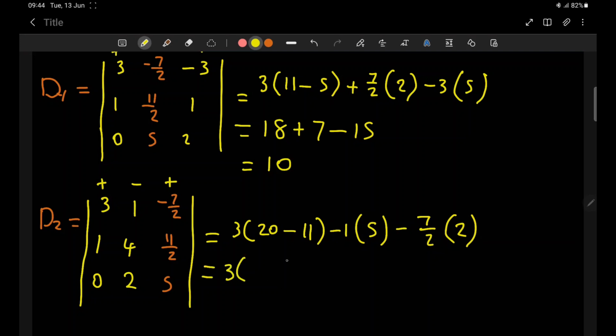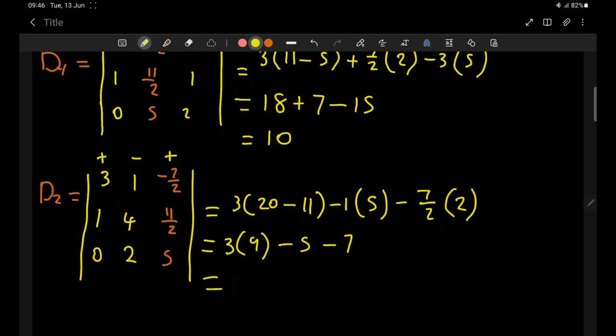So we have 3, 20 minus 11 is 9, and then we have negative 5, and then we have negative 7. 7 over 2 by 2, the 2's will just divide. So at this point, 3 times 9 is 27. Then negative 5 minus 7 is 12.